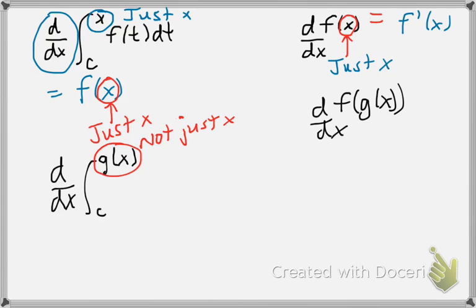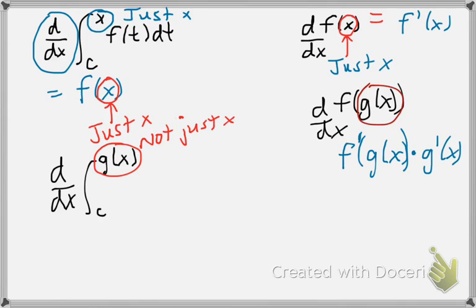We take the derivative of the outside, f prime of g of x, and we multiply that by g prime of x. So the concept is exactly the same as that.